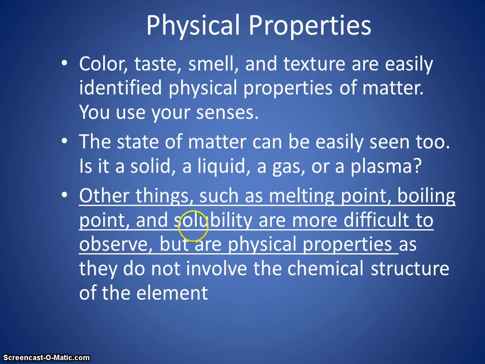Once again, still talking about physical properties because nothing chemical about the item has changed. Okay, so some of them are less easy to identify, some of them are very easy to identify, but once again, the chemical structure is not involved at all. Just the physical appearance, physical changes, things like that, nothing chemical.